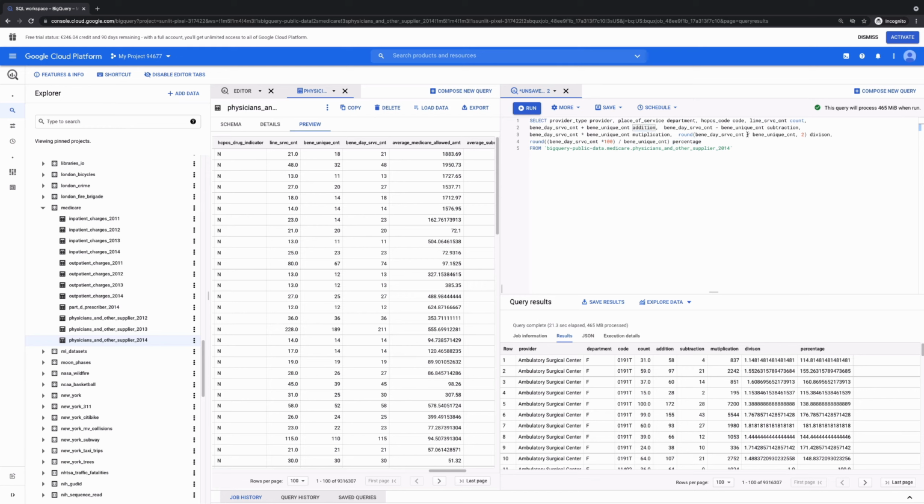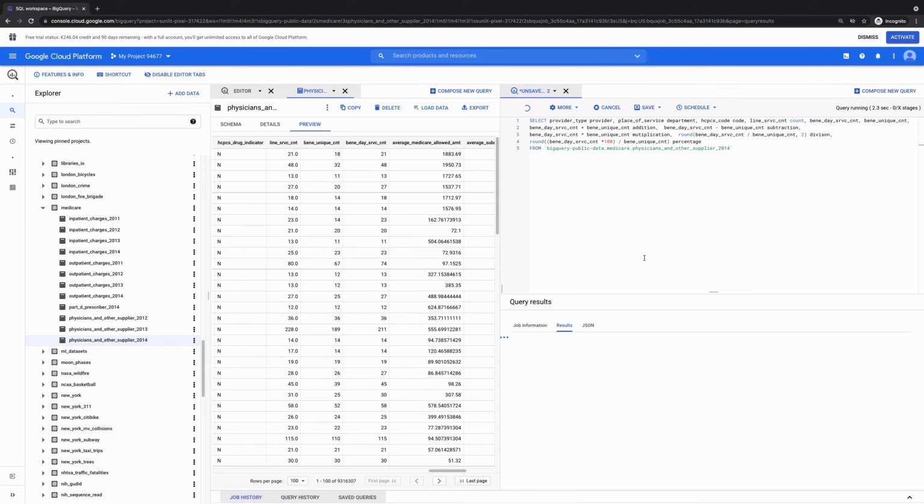Also, just to have a view of the fields we're doing the calculation on, I will add them to the columns as well. So when we run these queries now, what do we have?